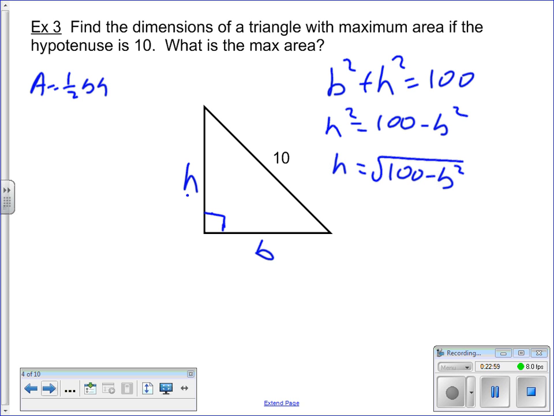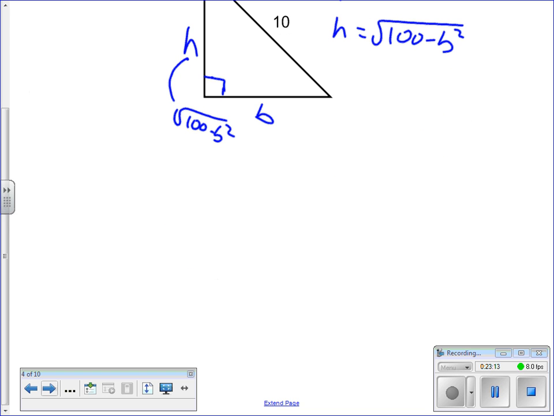So that means this side here is actually the square root of 100 minus B squared. Ooh, now I have one variable. And I'll work down here so I have room. My area equals 1/2 base times the square root of 100 minus B squared.